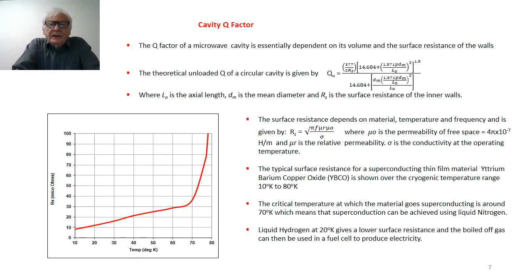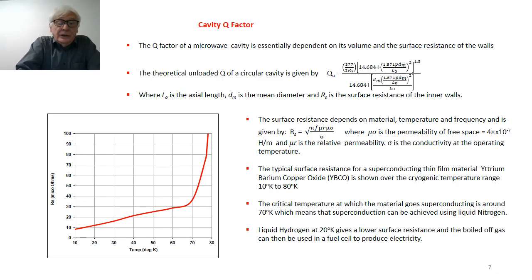Now, 70 degrees K is around the boiling point of liquid nitrogen, so it means that you can actually run a superconducting cavity using YBCO thin film on the internal walls by really just bringing it down to liquid nitrogen temperature.